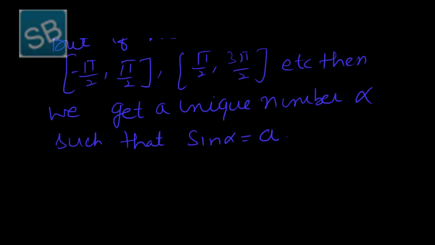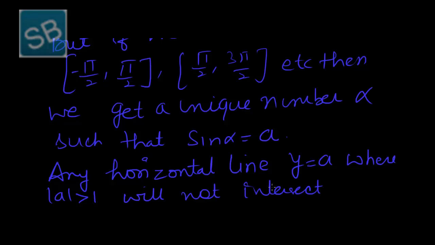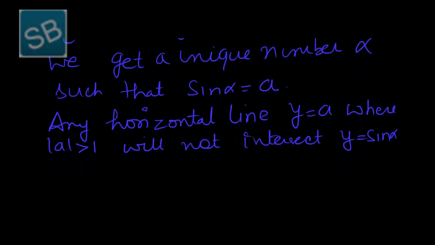And the horizontal line y is equal to a, where mod a is greater than 1, will not intersect y is equal to sin alpha at any point.